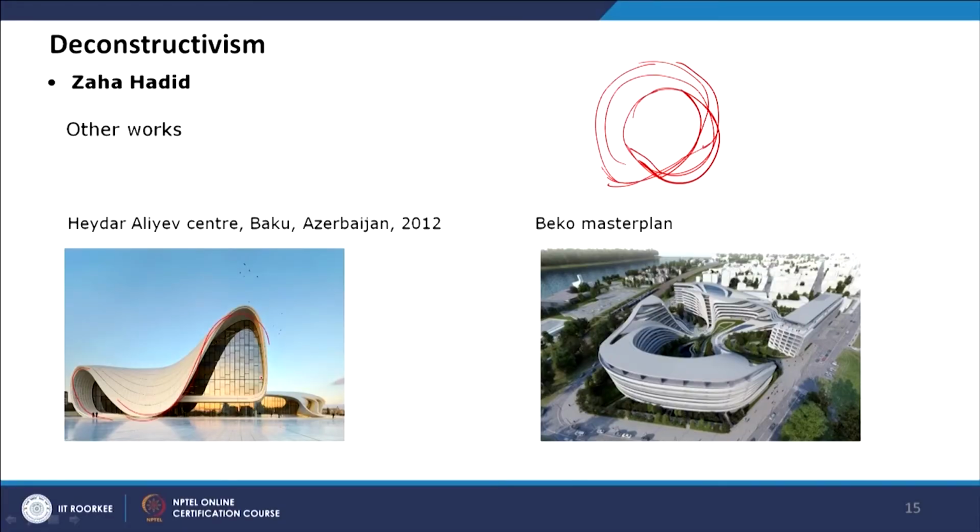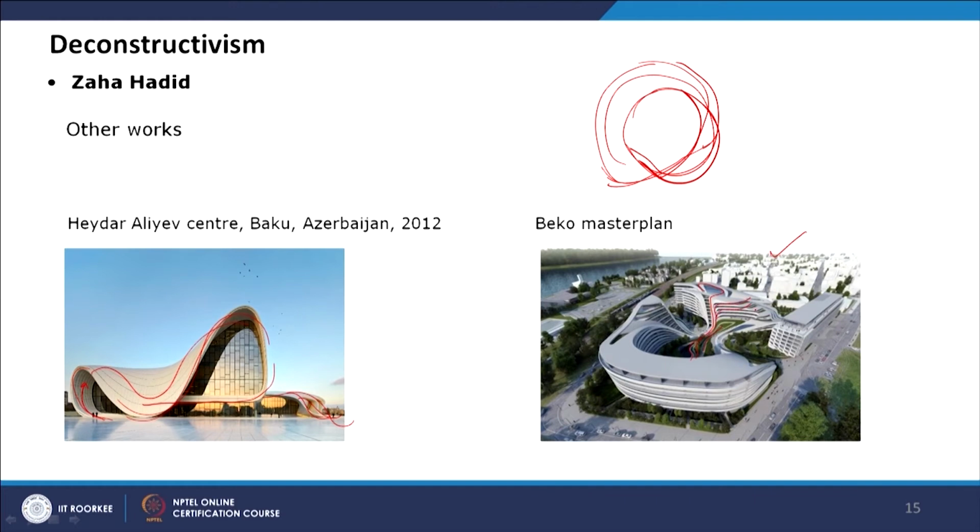So it works as a Mobius strip, which starts as the wall, then becomes the roof, and again comes down as a wall, and these other lines flow from the roof to the wall and are blended. And here also, in the Beko master plan, the landscape lines start from the landscape with the building and then go on top of the building, and the same landscape lines act as fenestration.